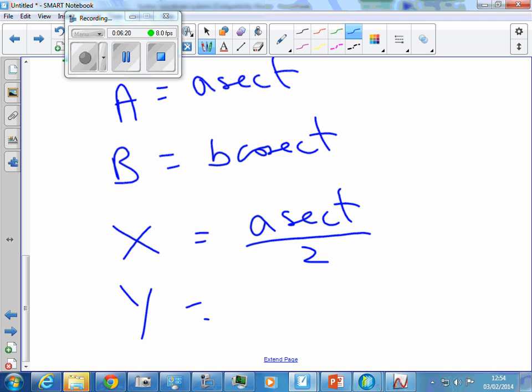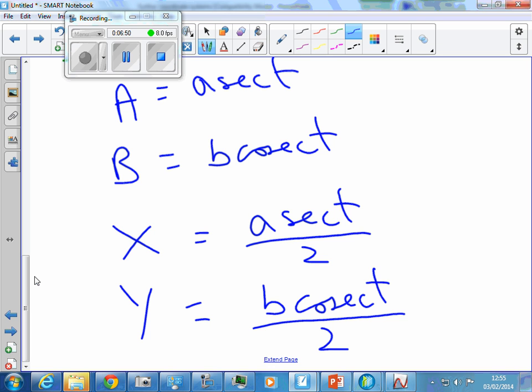And capital Y is equal to b cosec t all over 2. So any x, y that is the midpoint of AB, where the tangent to the ellipse cuts the x-axis and y-axis, will have coordinates satisfying this property.